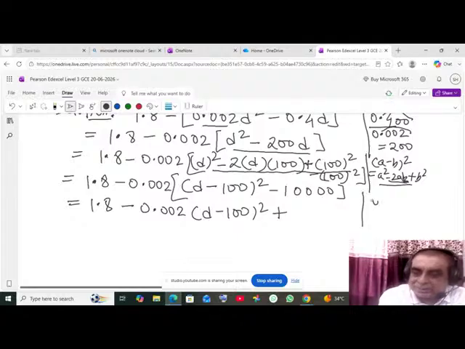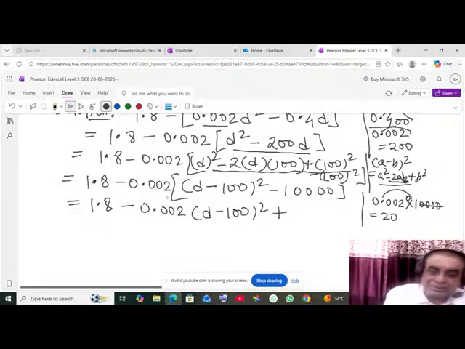When you multiply 0.002 with 10,000, the decimal point shifts 4 places to the right and the 4 zeros are cut out. So this number becomes 20. So minus 0.002 multiplied by minus 10,000 gives plus 20.